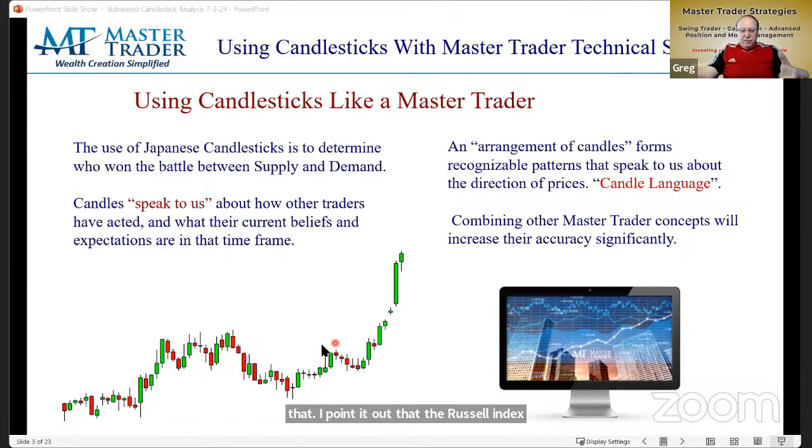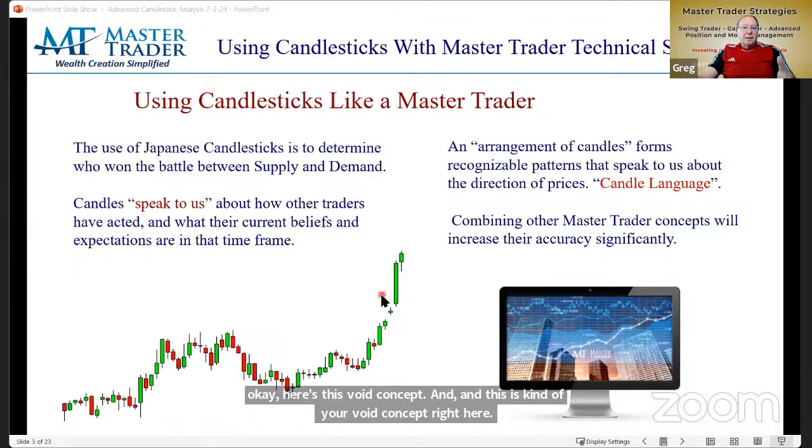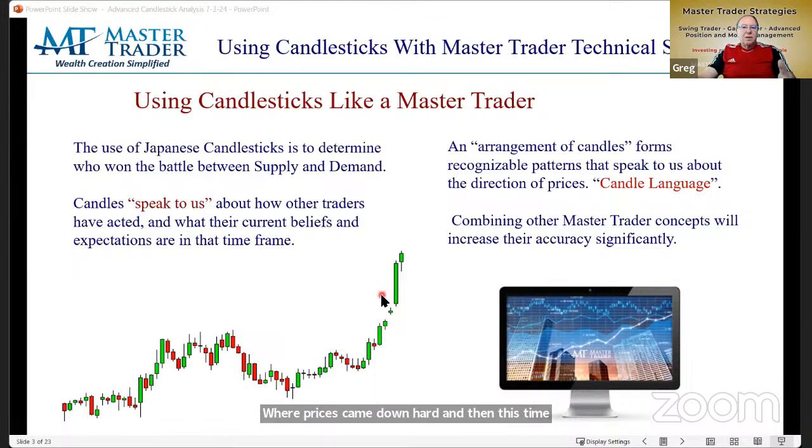This is your void concept right here, where prices came down hard and then this time correction. And as they started to move up, there was nothing to stop prices from moving higher. It was the same concept with the Russell this morning, and we'll take a look at it: it came down real hard a couple of days ago, and it stabilized.